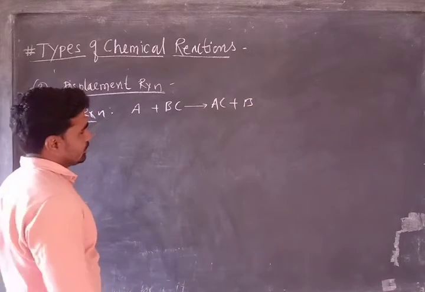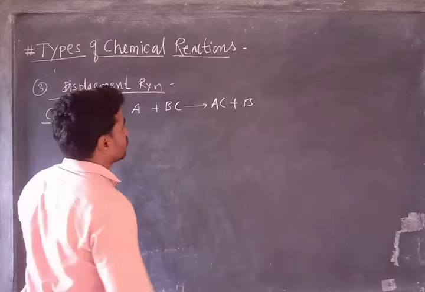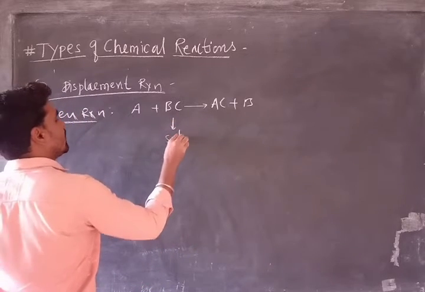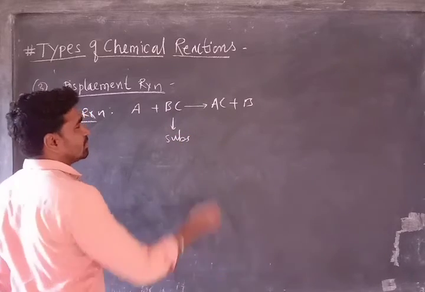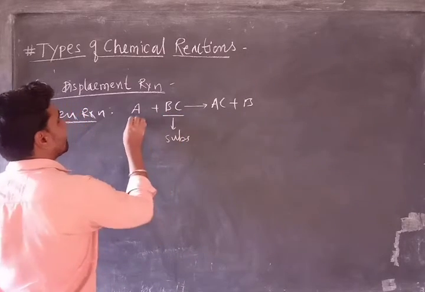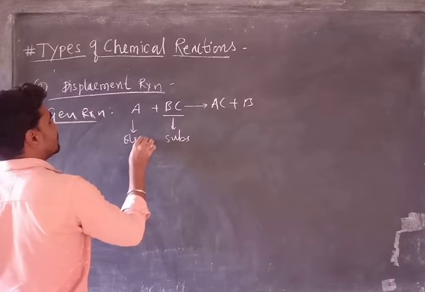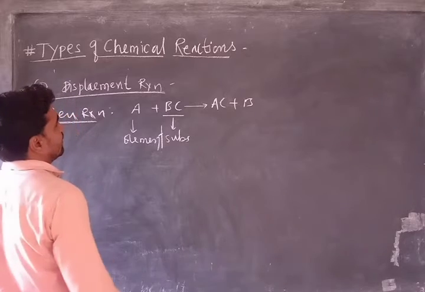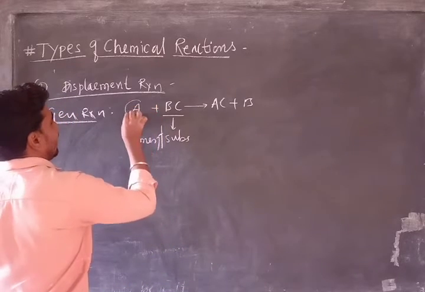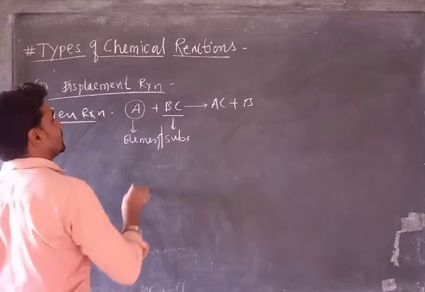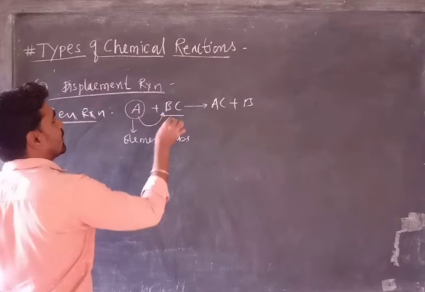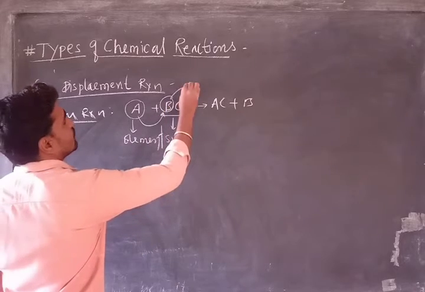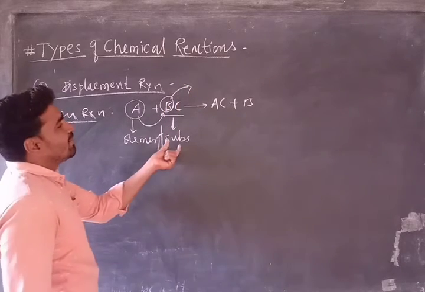Now what do you observe here? Just make sure, my dear students, that one should be a substance, which is BC, and one should be an element. Now what is happening? Here A, which is the element, is going to displace the other element in the other substance, that is B, and B is removed from its old substance.